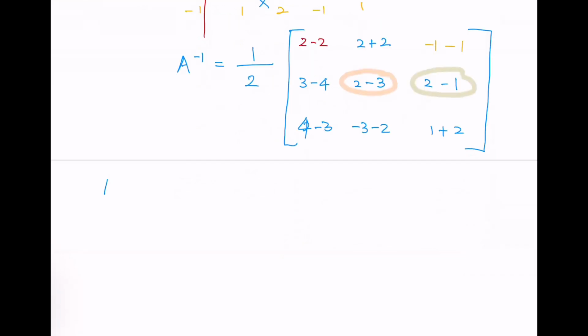So now we have an inverse matrix of 1 over 2 times the matrix with rows 0, 4, -2; -1, -1, 1; 1, -5, 3.